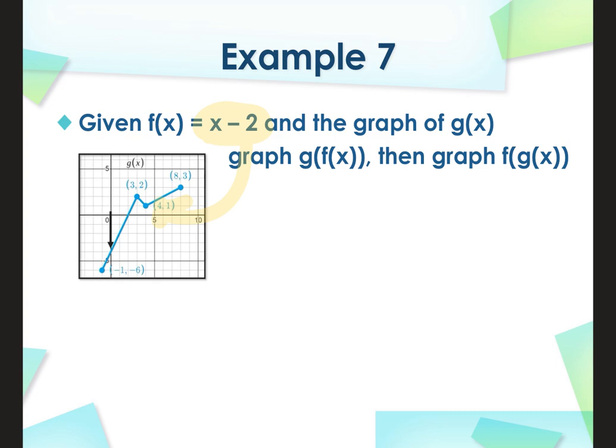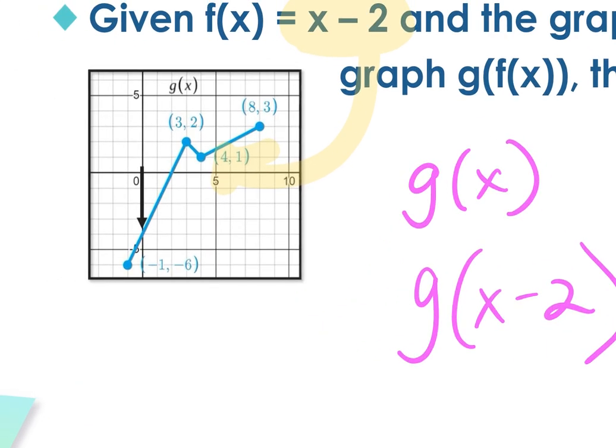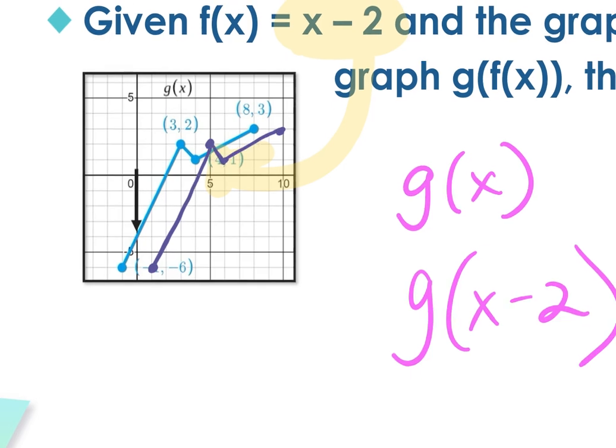So g of x becomes g of x minus 2, what would I be doing with that graph? What translation occurs? To the right 2. So every single point I have on this graph gets shifted over 2 spots. And my new function would look like that.